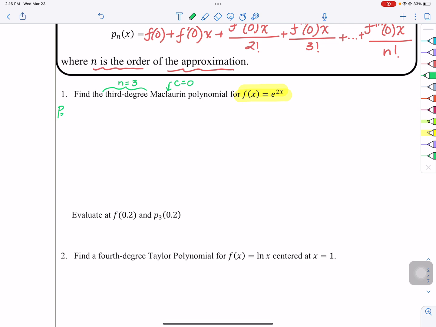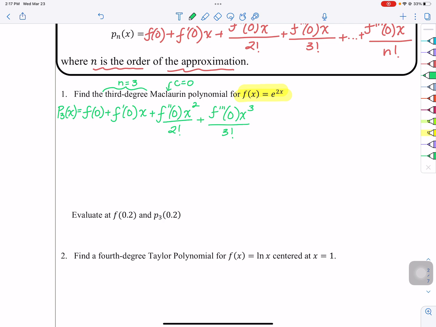The third degree polynomial of x is equal to f of 0, evaluated at 0, plus f prime of 0 times x plus f double prime of 0 multiplied by x squared divided by 2 factorial plus the third derivative evaluated at 0 times x cubed divided by 3 factorial.